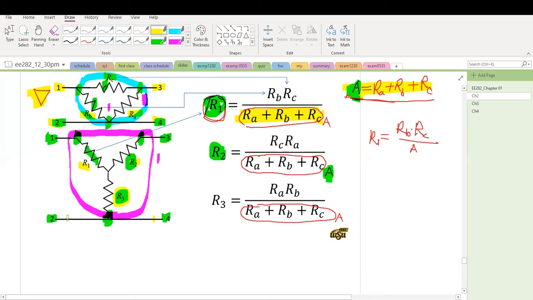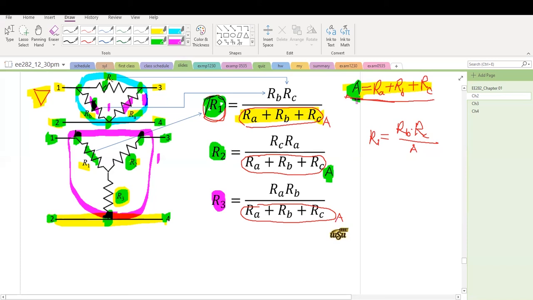Remember, terminals 2 and 4 are actually the same point because there is nothing in between, only an ideal wire between terminal 2 and terminal 4. In this case, R3 is connected to terminals 2 and 4, with two resistors here, RB and RA. So R3 equals RA multiplied by RB divided by A.